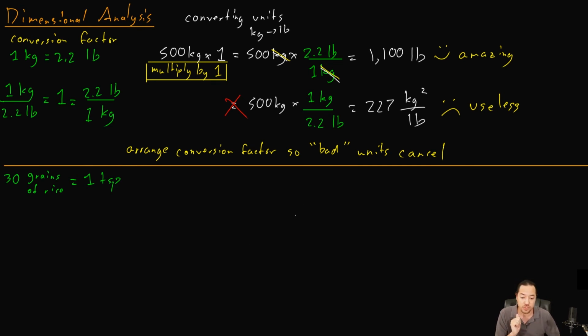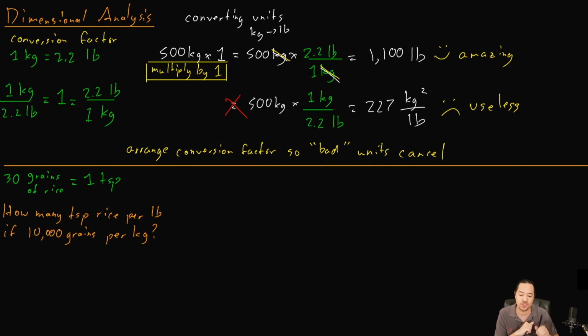I want you to tell me the answer to this question. Here's the question. How many teaspoons of rice are there per pound if there are 10,000 grains of rice per kilogram? Okay, that's kind of a confusing question, right? We have to sort things out so that we can solve it.